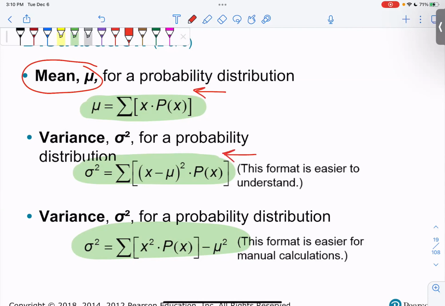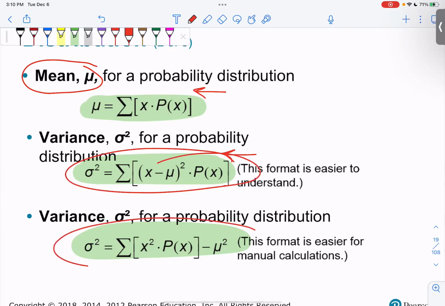So this formula and this formula are basically the same, but it's easier to use the second formula if we have a mu equal, for example, 1.783. That's not the symbol for standard deviation. So this is variance.